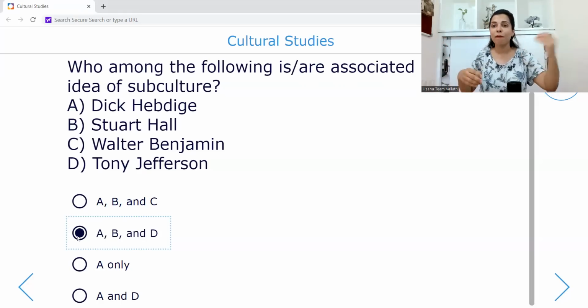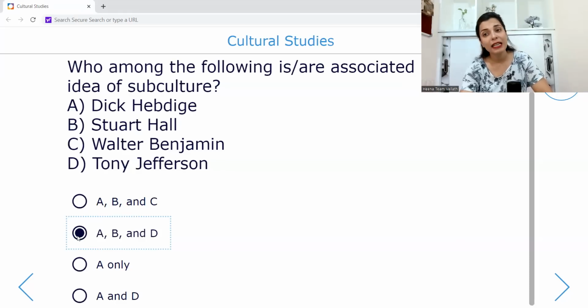Just like hippies, we have punks, we have goths. There are so many subcultures in the UK. Now, Dick Hebdige is associated with subculture, as I told you, Stuart Hall and Tony Jefferson. So there's a book by Dick Hebdige. The name is Subculture, The Meaning of Style, published in the year 1979. Then Walter Benjamin, okay, he's not associated, as I told you.